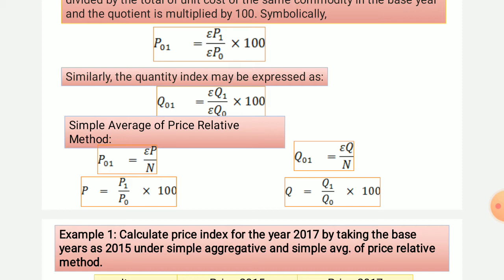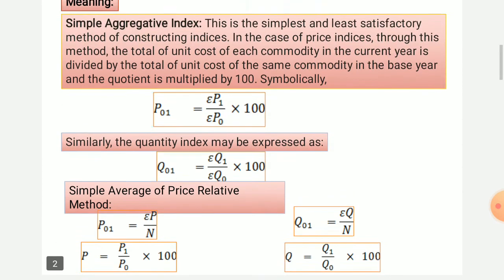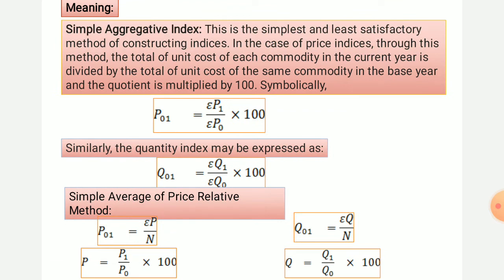So current year quantity divided by base year quantity into 100. So these are the formulae which are to be used for constructing index numbers, both the methods of simple aggregative index and simple average of price relatives method.